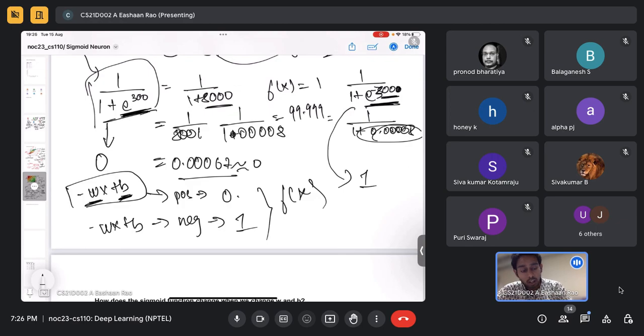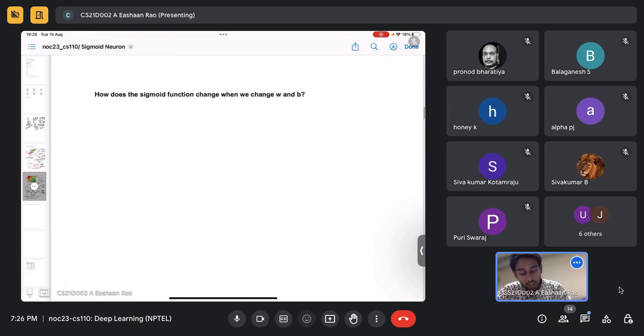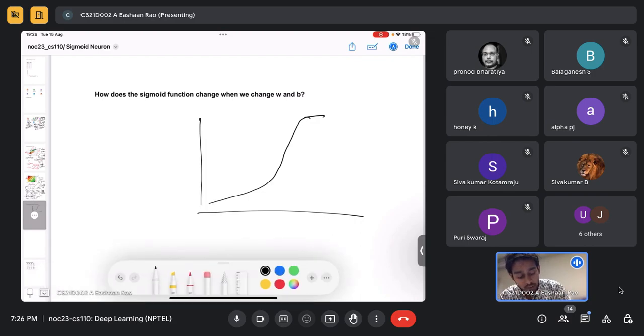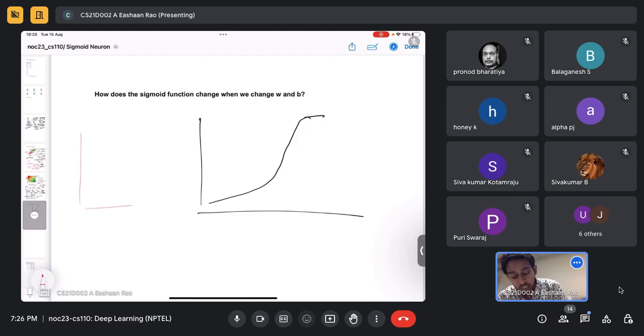So let's assume some data point is there, and this is the kind of slope. When you talk about the slope of a line, you have to see whether it's a positive slope or a negative slope. Let me give you a little refresher here.